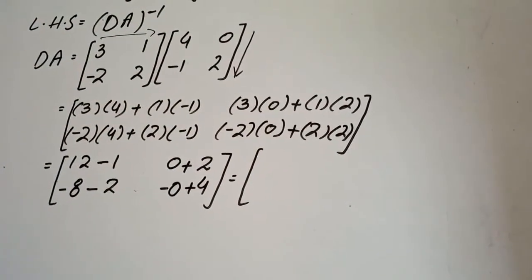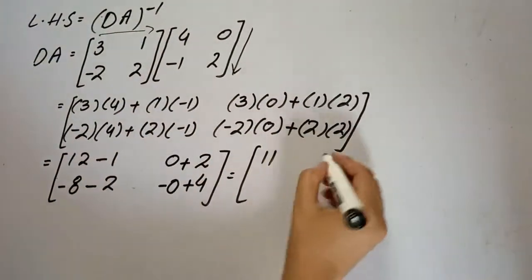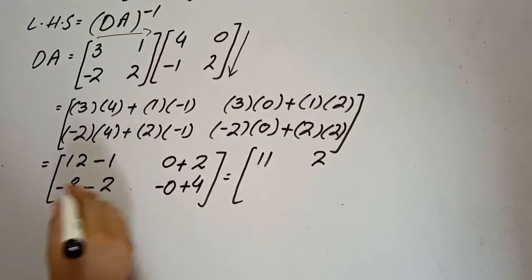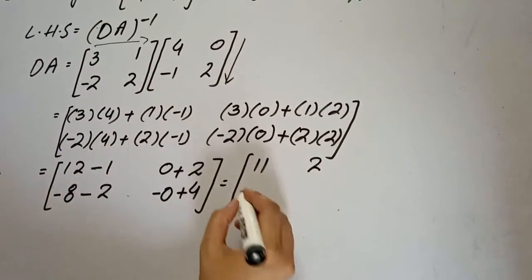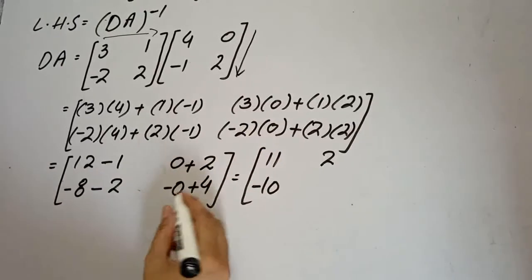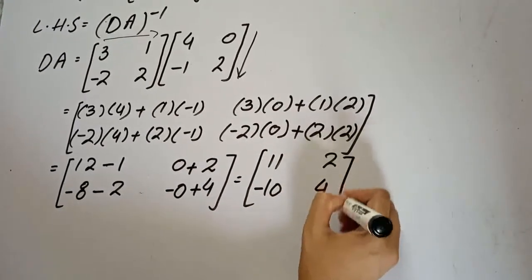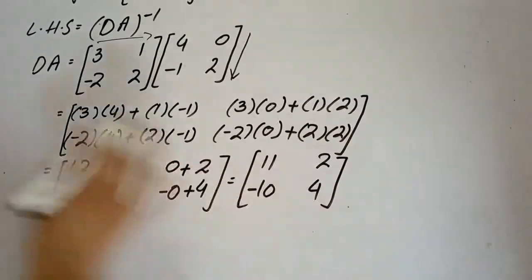So 12 minus 1 equals 11, 0 plus 2 equals 2, minus 8 minus 2 is minus 10, and 0 plus 4 equals 4. So this is the matrix DA.